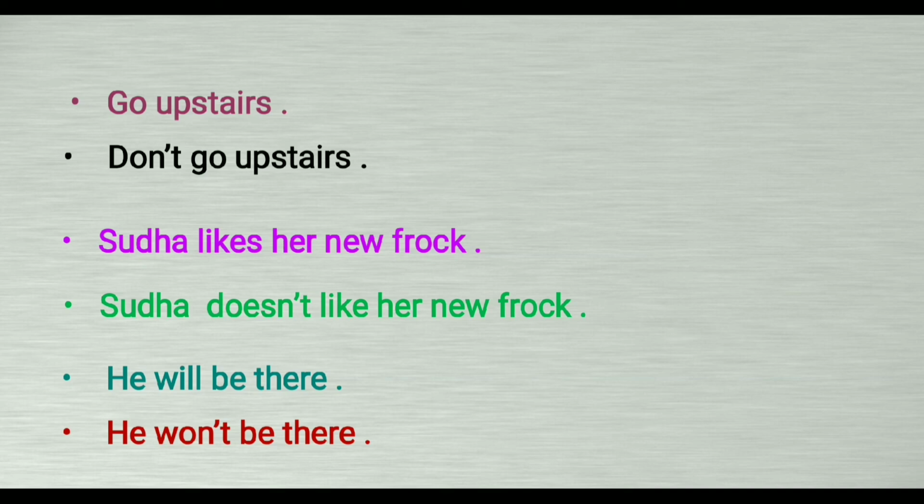No problem if the word is written in contraction form, but if you want to read it separately, then you can do it. It is a correct form of reading. He won't be there. We can read it in this way, and we also read it: he will not be there.